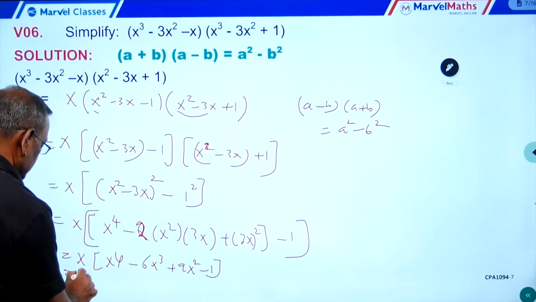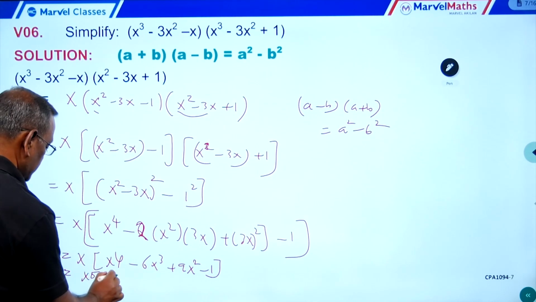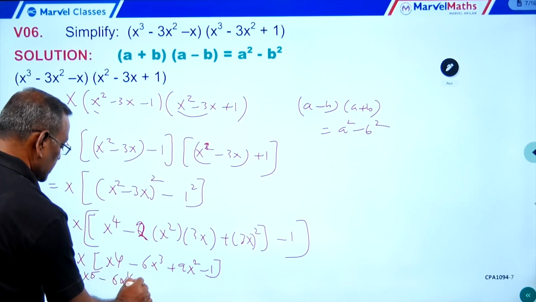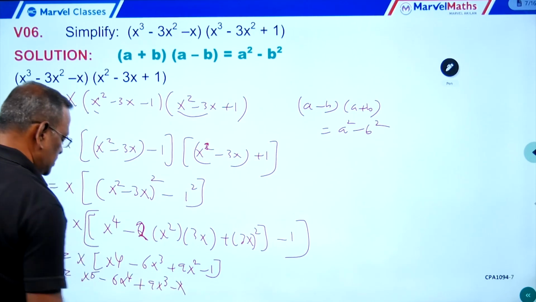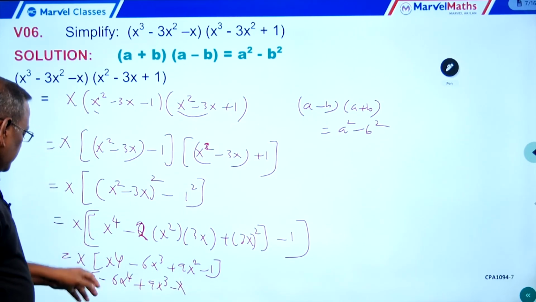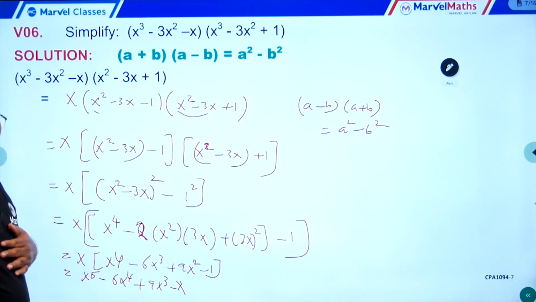So what is the final answer? The final answer is x power 5 minus 6x power 4 plus 9x cube minus x. This is the final value of the expression.